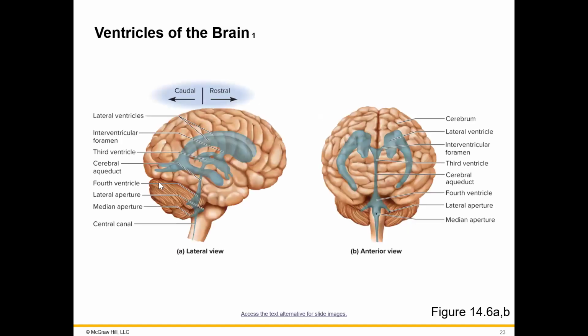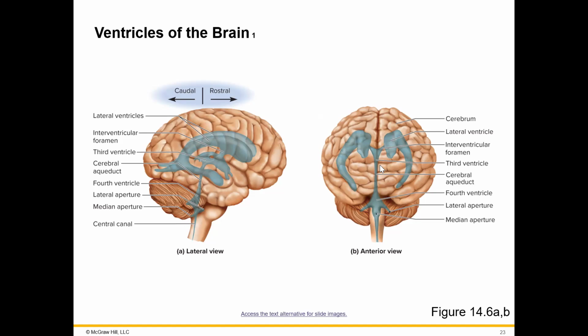So these are your two lateral ventricles where the cerebrospinal fluid is made. Then through the interventricular foramen, this cerebrospinal fluid in your lateral ventricle is going to pass into the third ventricle.